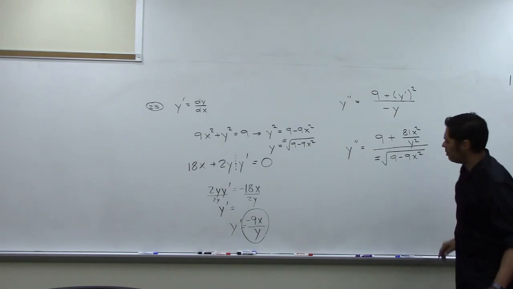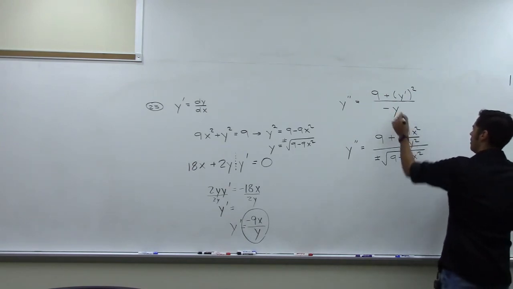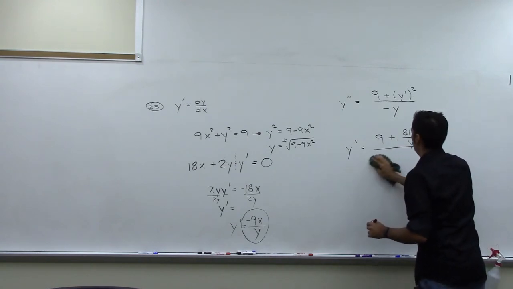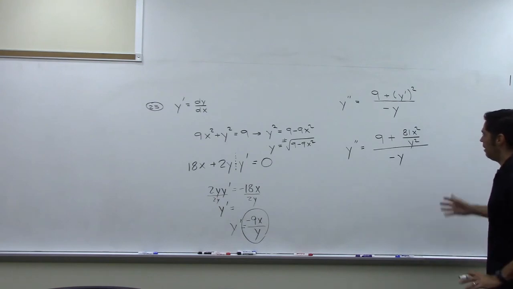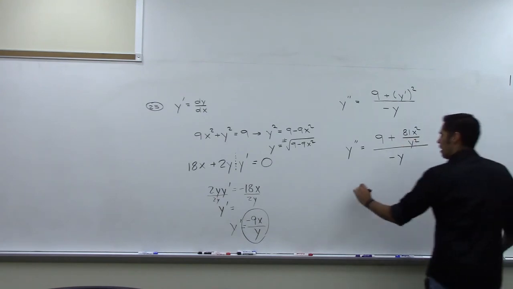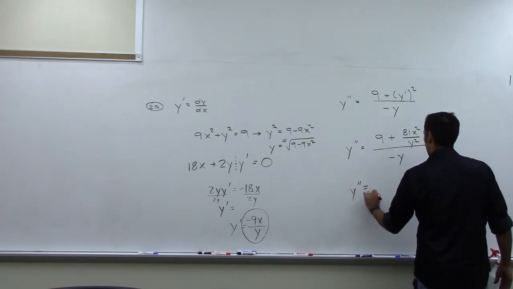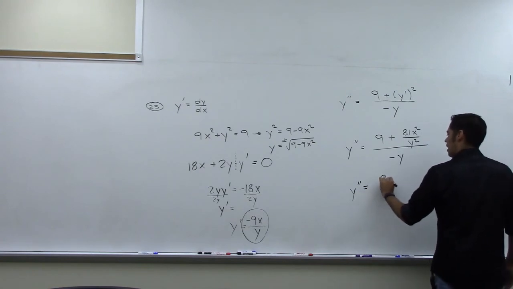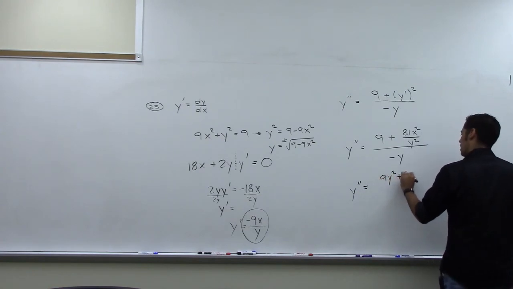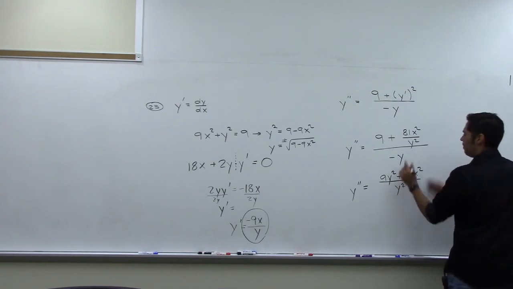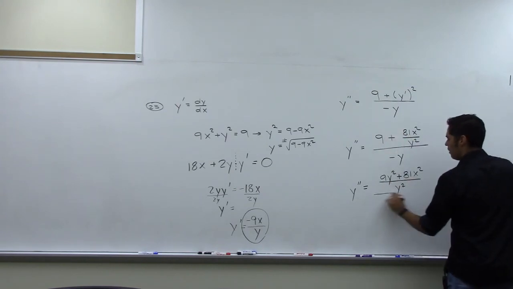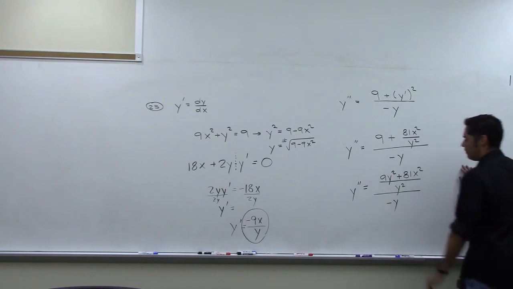Okay, let's do this. Let's not replace this y. Let's just leave this as negative y, like that. Now let's get a common denominator on the top. This is going to be 9y squared plus 81x squared over y squared. That's a common denominator on top right there. Then all of this over negative y.